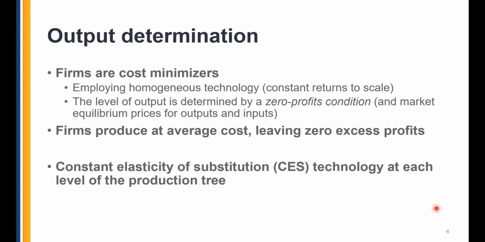Okay, we've already said this a few times, but in terms of output determination, so you solve the production tree going down, but we need to know the output level, and it certainly is the case that we have an equilibrium governing the model between supply and demand that is going to tell us the output level, but it's also appropriate to think about the equilibrium condition finding the price, right?